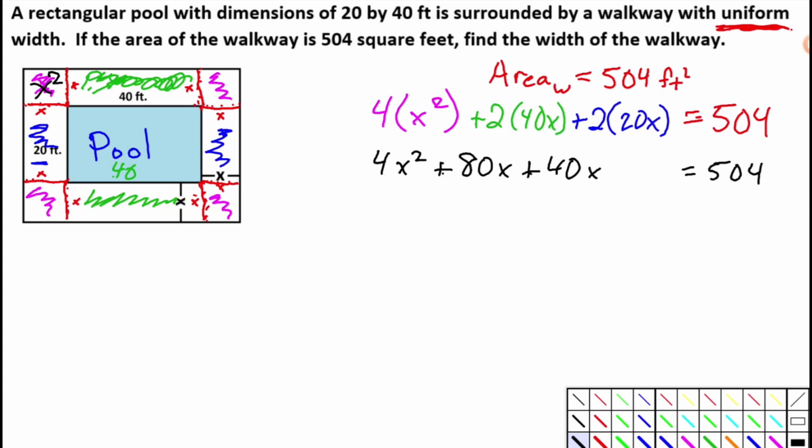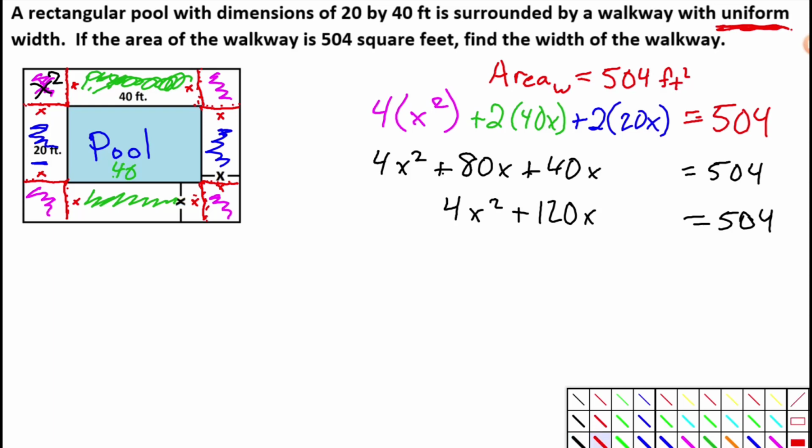Let me simplify this one more time. So I'm left with 4x squared plus 120x is equal to 504. Okay, perfect. Now, all of a sudden, I'm looking at this and I'm thinking, this looks like a quadratic. And I know how to solve problems like this. This actually looks like a problem that I probably can complete the square with.